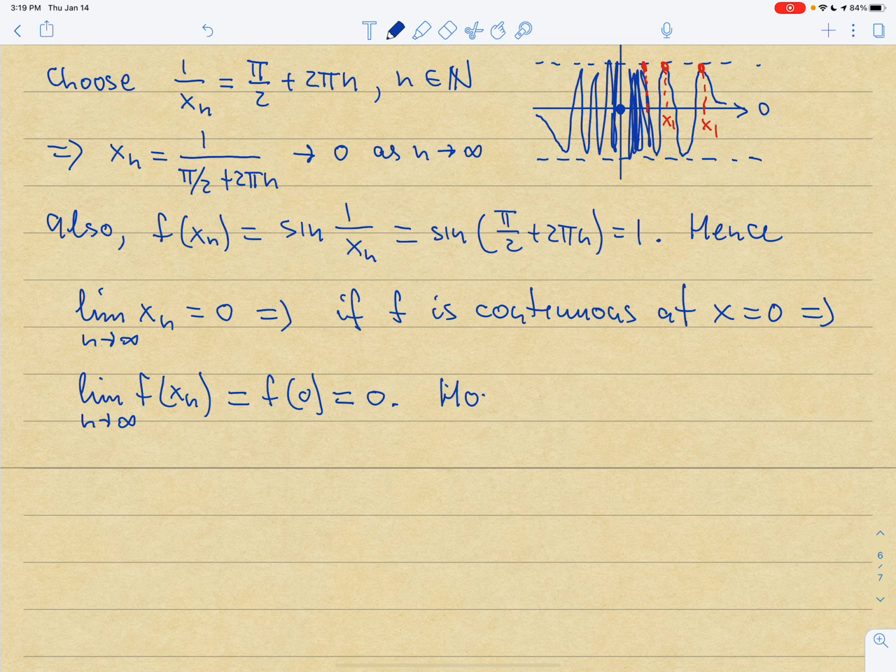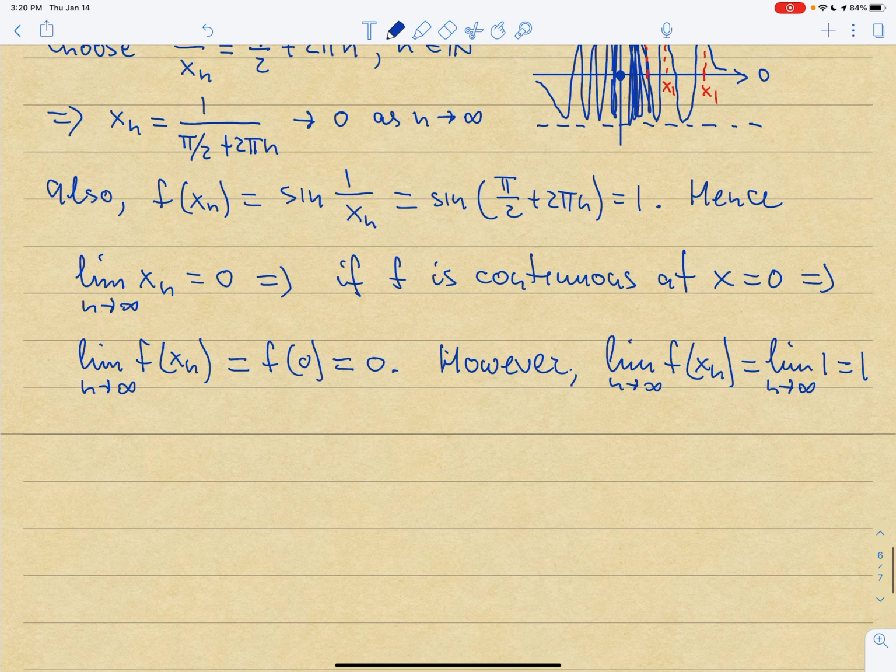However, the limit as n goes to infinity of f of x_n, what are the f of x_n's? They're all 1s, so it is equal to the limit as n goes to infinity of 1, and that is equal to 1.